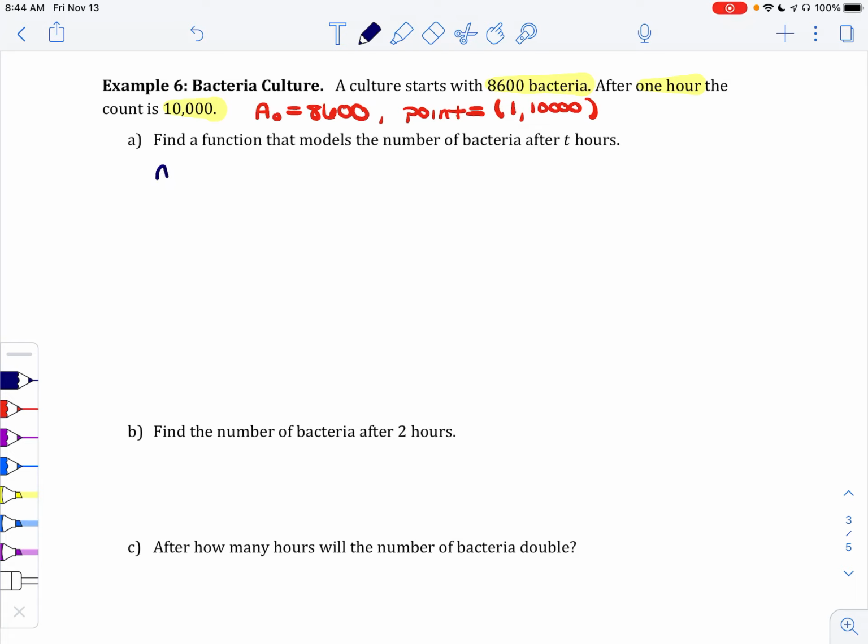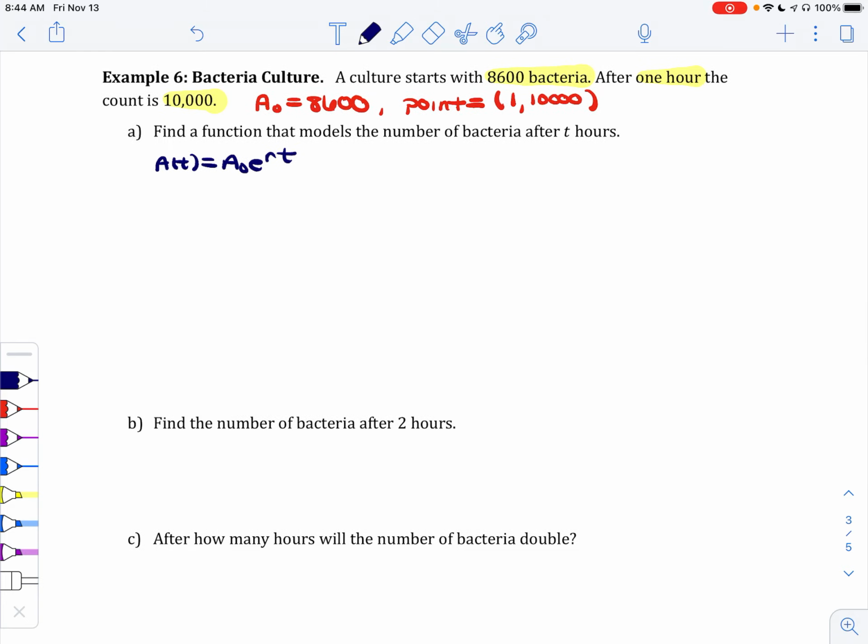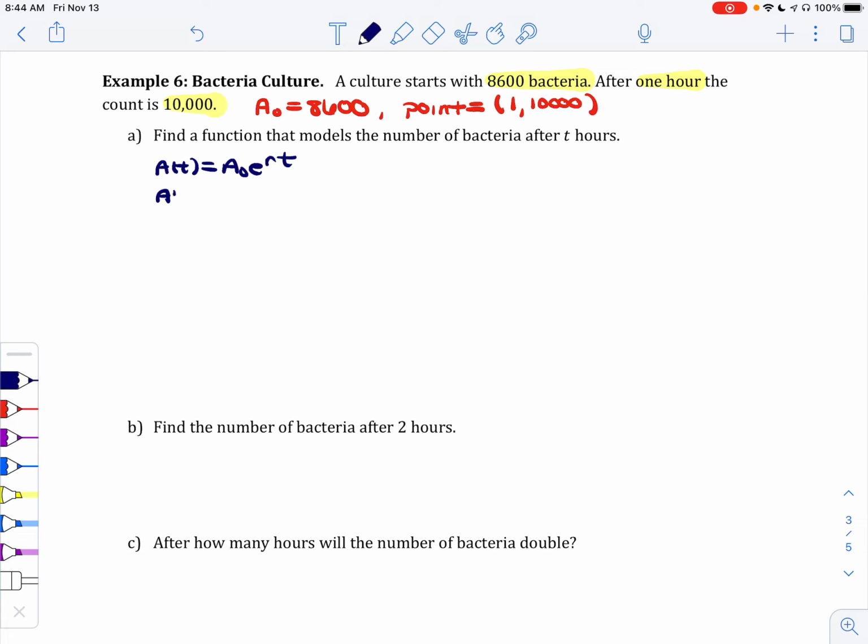So we're starting off still with our same exponential growth model that we used before. A of t equals A naught e to the power of r times t. Let's go ahead and plug in what we know. Right now, all we have for our model is a starting point, 8,600, that we can plug in.